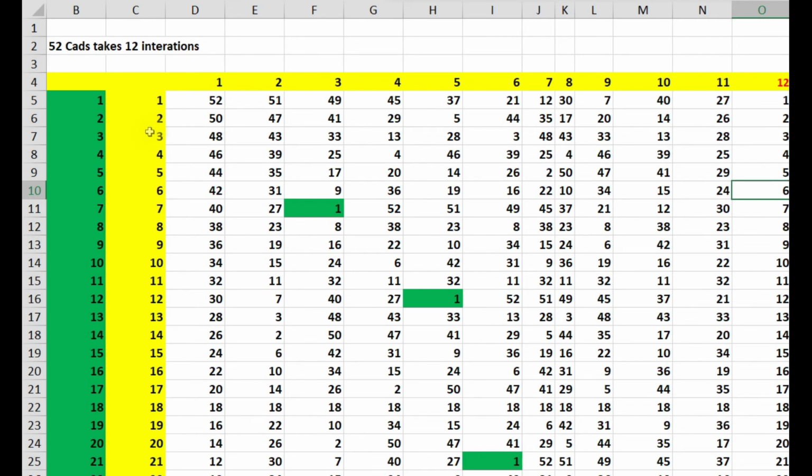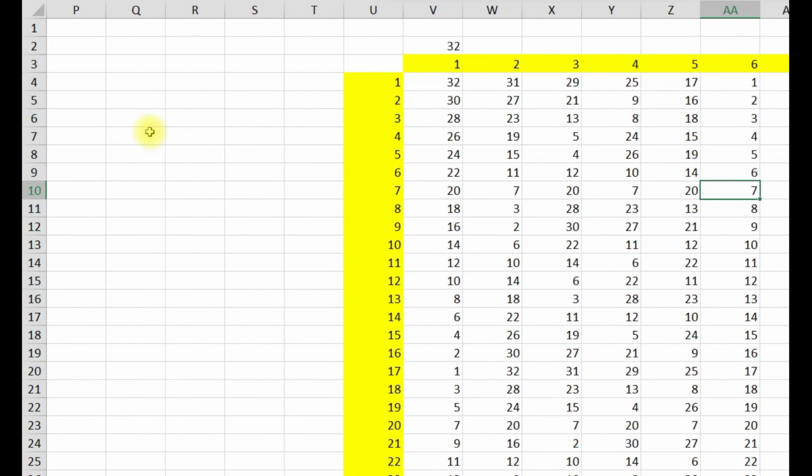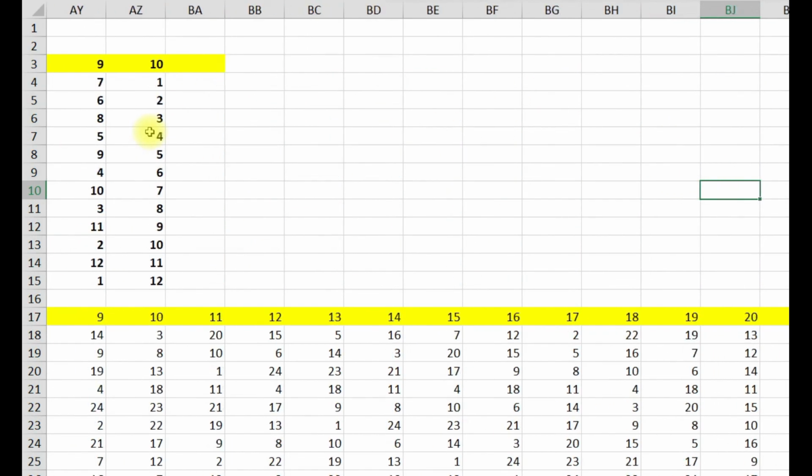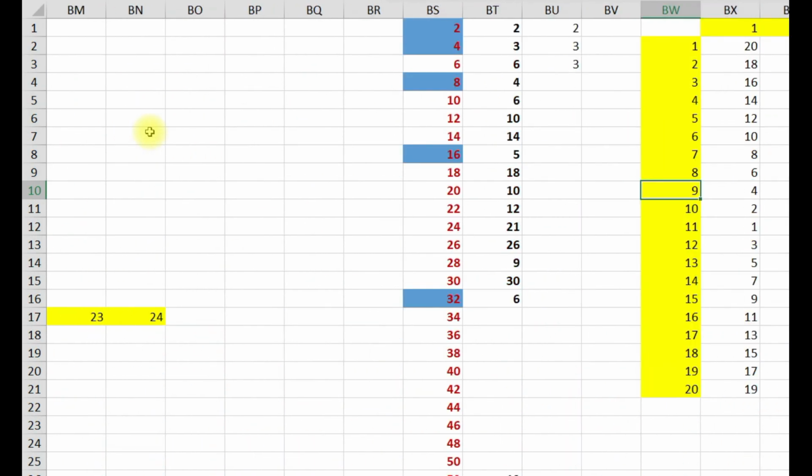So here's the challenge. If anyone can find a formula so that given n number of cards, where n is an even number, and we do the under-over shuffle as shown earlier in the video, how many cycles of this shuffling do we have to do to restore the original order of the cards?